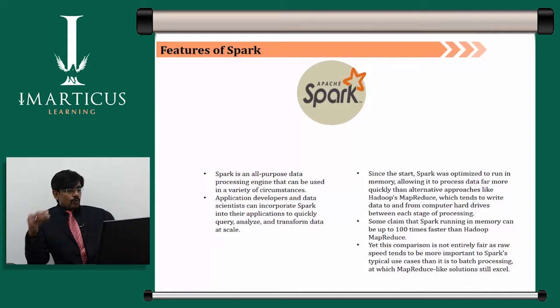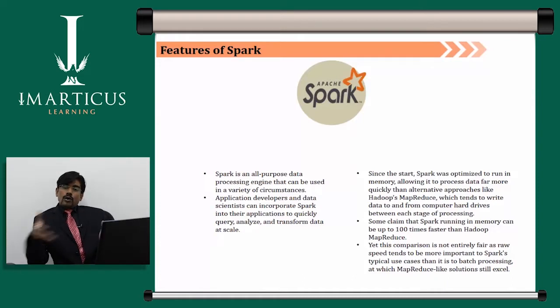Spark utilizes this feature and stores the data in RAM rather than going to regular storage. Fetching data from RAM is faster than the MapReduce model, because MapReduce fetches and analyzes the data, and then after doing the map and reduce job, stores the data back to the HDFS system.